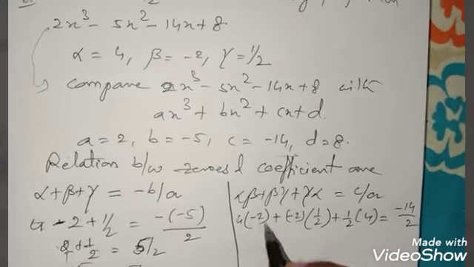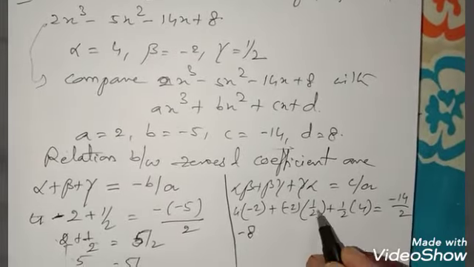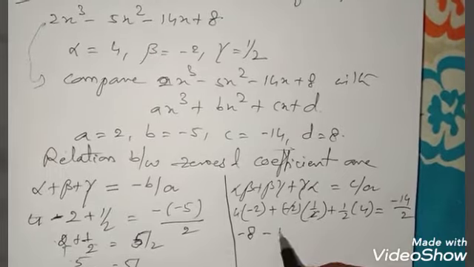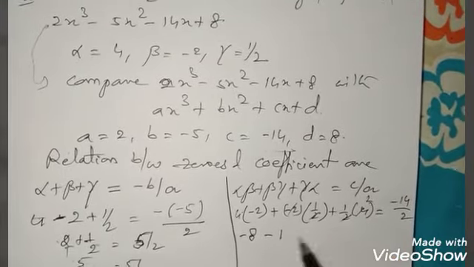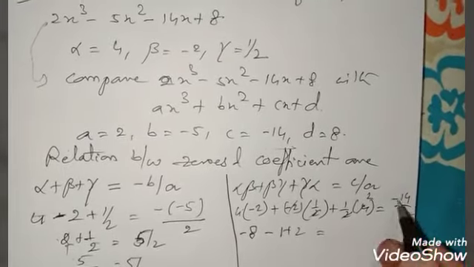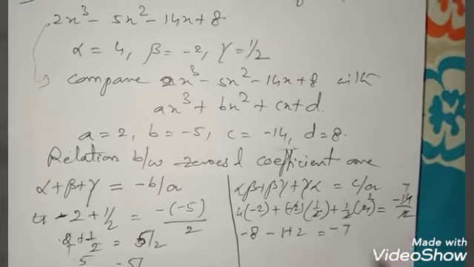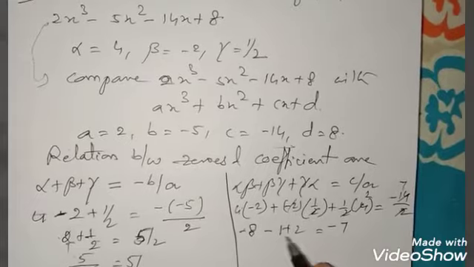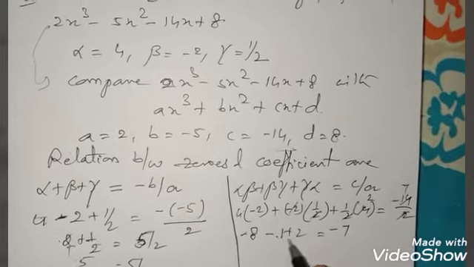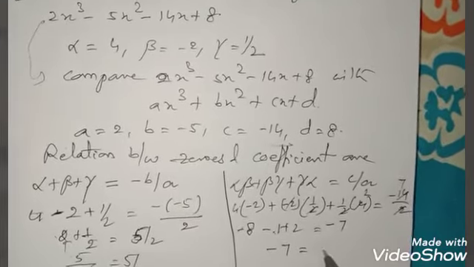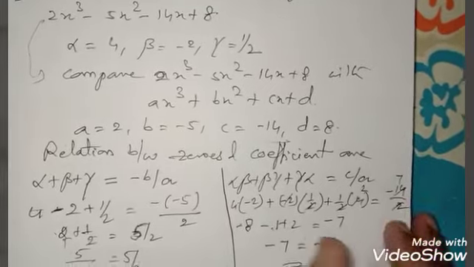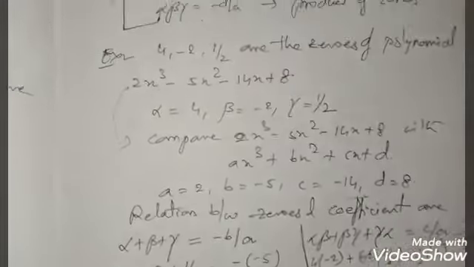Next, here 4 2s are 8, that is minus 8. Here the 2s cancel, you will get minus 1, 2 2s are 4, here plus 2, is equal to minus 14 by 2, 2 7s are 14, that is minus 7, right? Here minus 8, minus 1 is minus 9, minus 9 plus 2 is minus 7, equal to minus 7. So it satisfies.